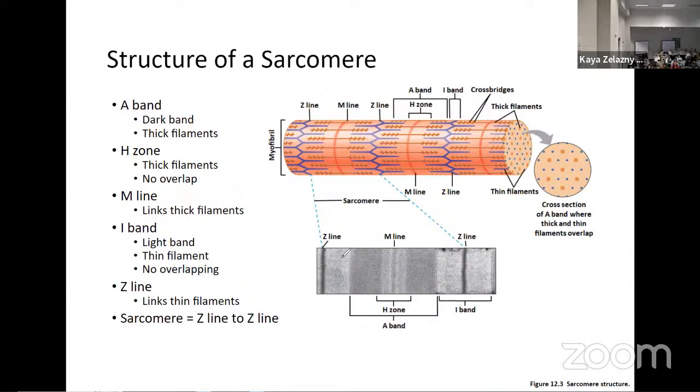Okay. So that's what the H zone is. Now the I zone is our other area where we have no overlap. So the I zone, sorry, the I band is this area over here, right next to the Z line, where we have only actin, so only our thin filament, okay? So as soon as we have overlap, we're into the A band.